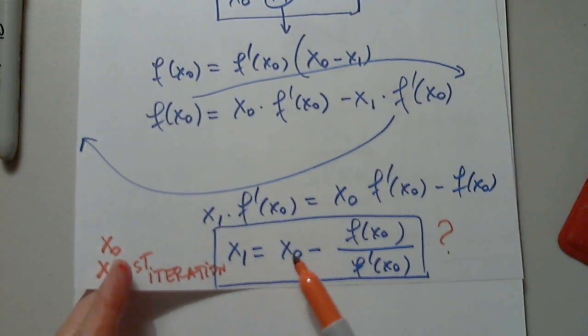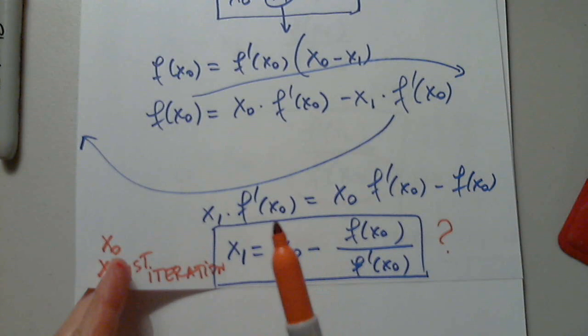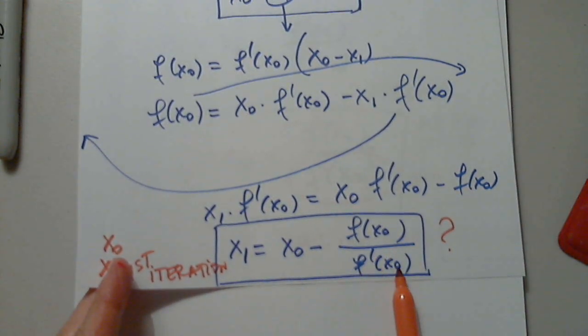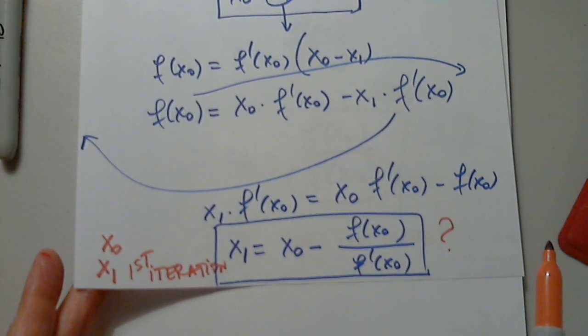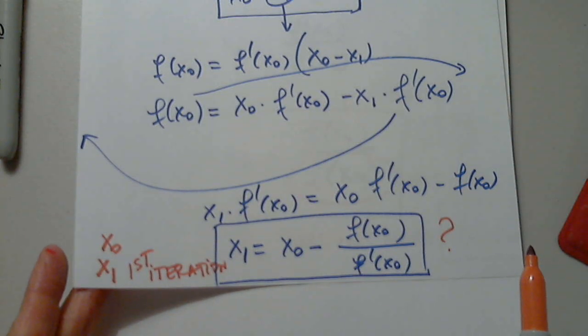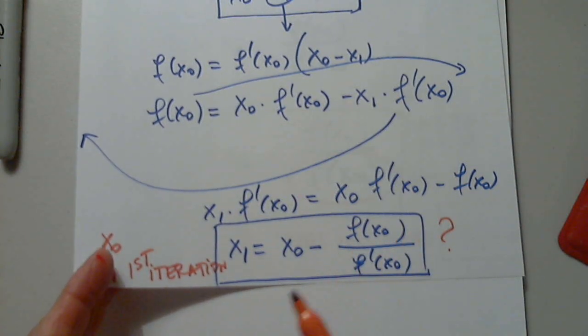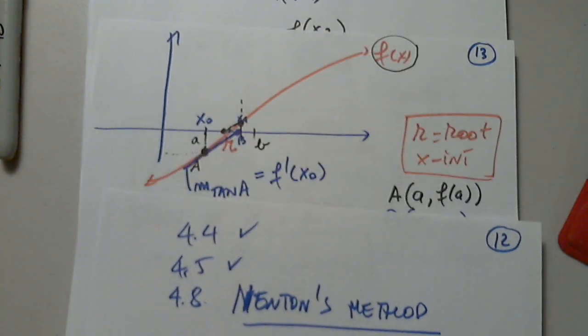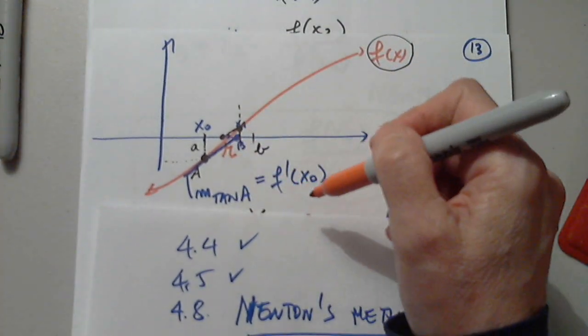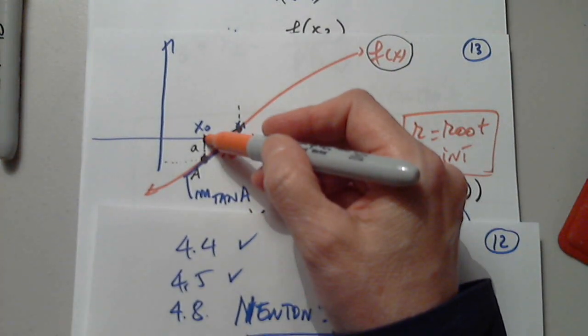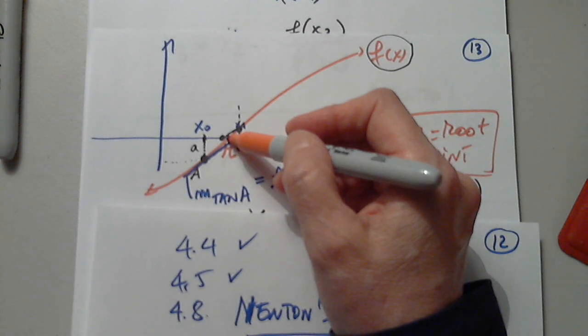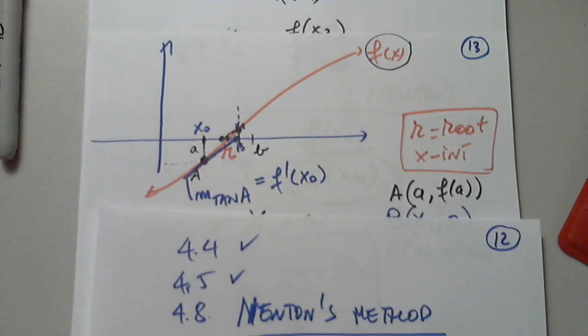So if I plug in x sub 0, 5, and f prime of 5 is 0, I will never get to x sub 2 because this is undefined. And there is another potential problem. If there is a max or a min between this point that I start with and the actual solution, the method will not converge.